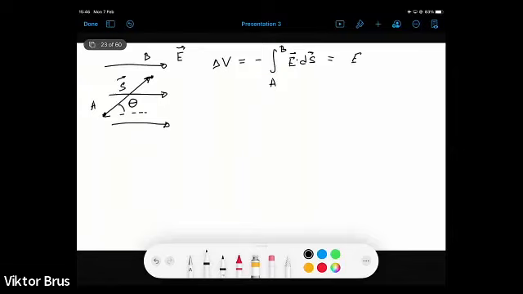So we take this out, then we have the scalar product with the integral from A to B of the ds vector.